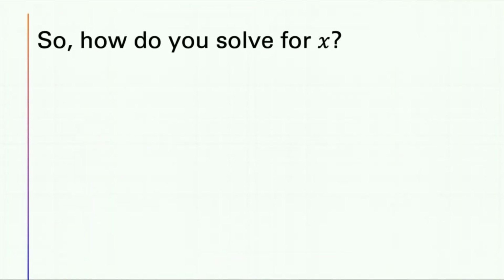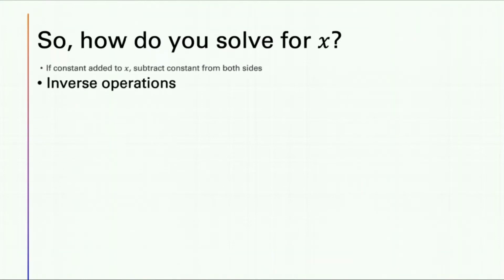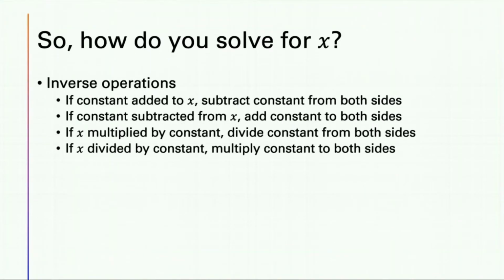So, how do you solve for x? As mentioned in the previous slide, you solve for x using inverse operations. This focuses on constants interacting with our variable. So if a constant is added to our variable, and it doesn't just need to be x, it can be y, it can be b.